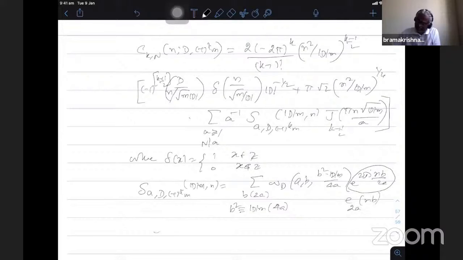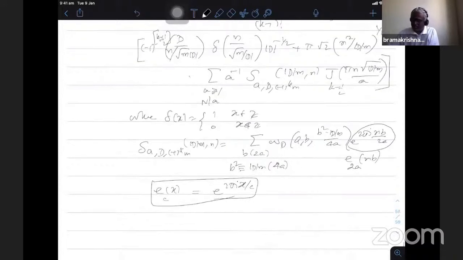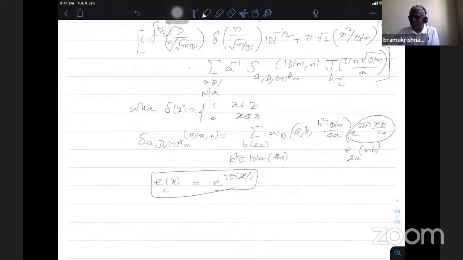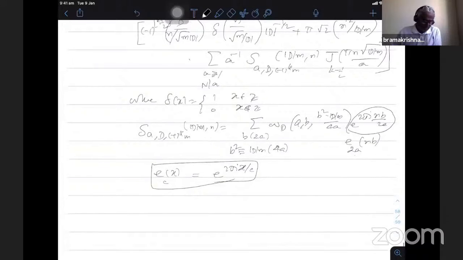Whenever we say e_x(c), this is e^{2 pi i x/c}. To simplify the notation, instead of writing e^{2 pi i nb/2a}, I write e_{2a}(nb). When I write the other Kloosterman type sum, I'll use this notation only. So the suffix means the denominator, and the exponential power is the multiplication by 2 pi i. It is a finite exponential sum.